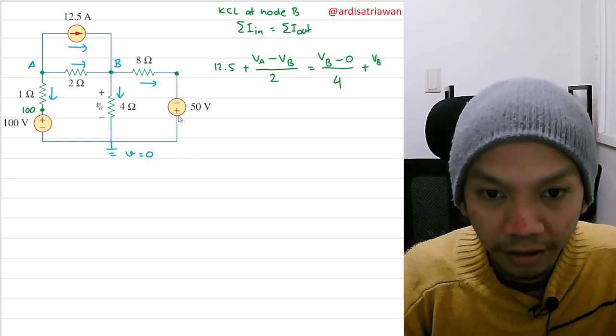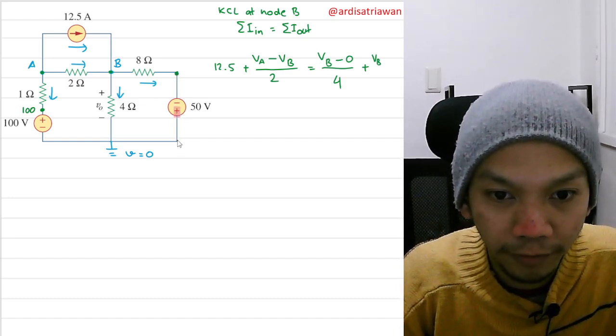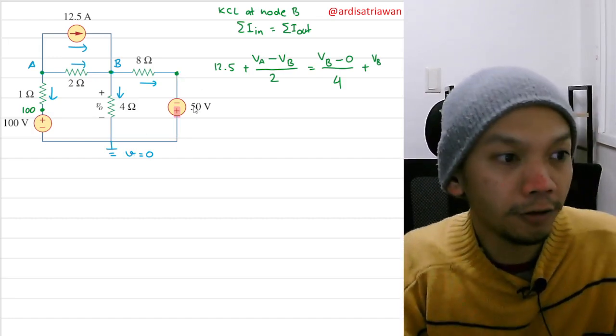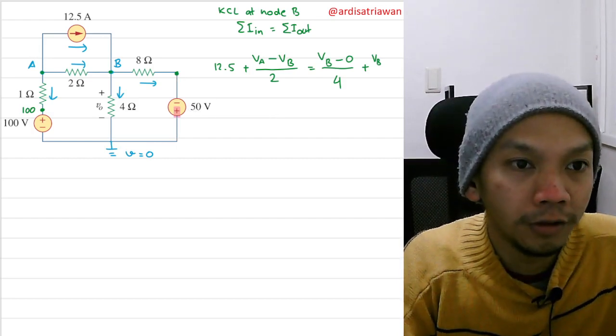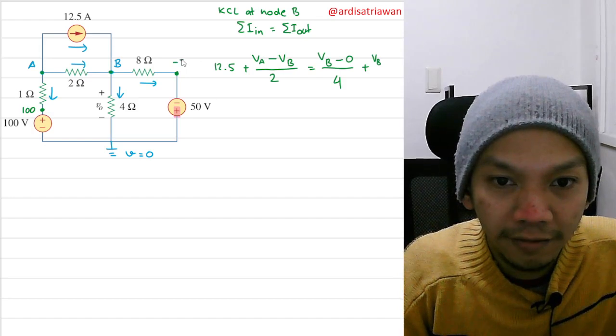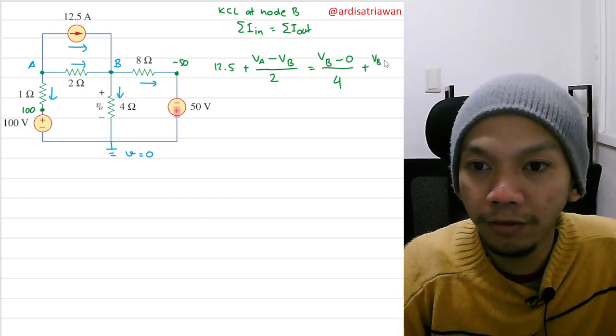Remember, we have to pay attention to the sign here. The positive one is here, so this has to be lower than this, and the amount lower is just 50 volts. So the voltage here will be minus 50 volt. Yeah, so I will have VB minus 50.